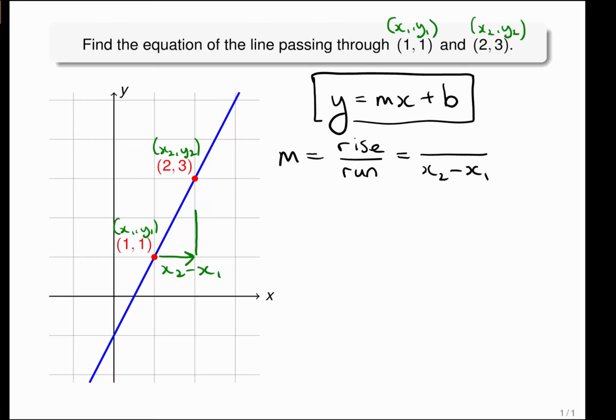And the rise is simply this distance subtract off this distance, which is just y2 minus y1.